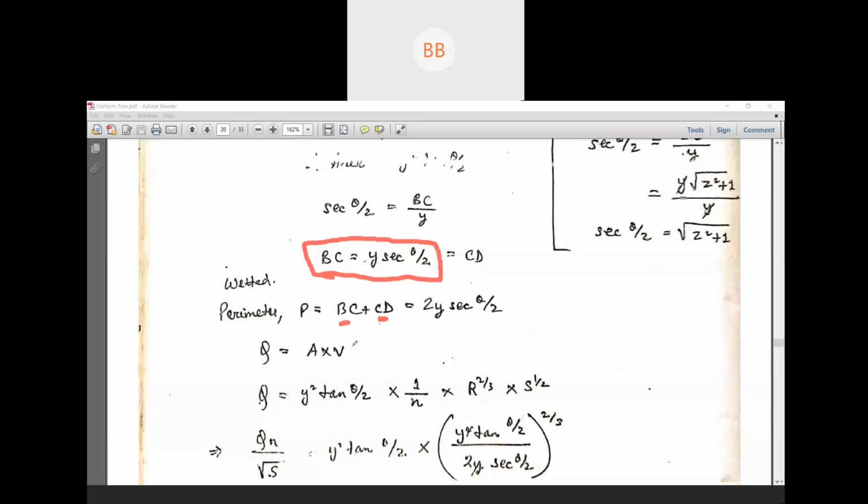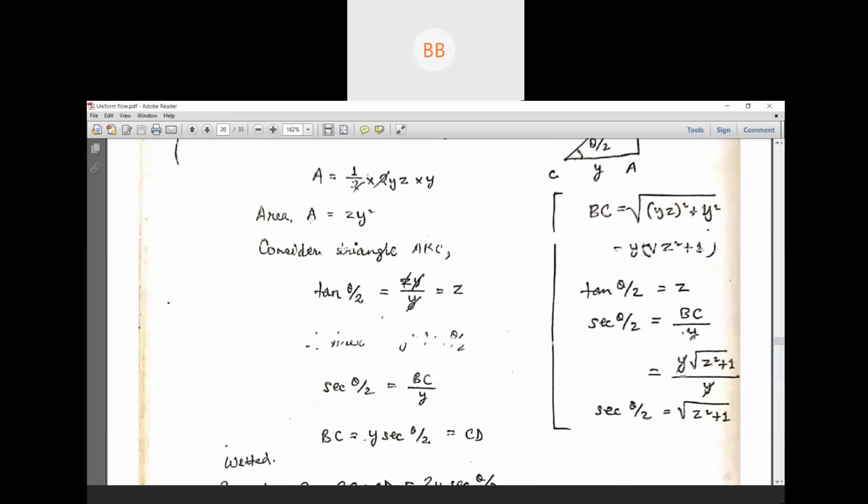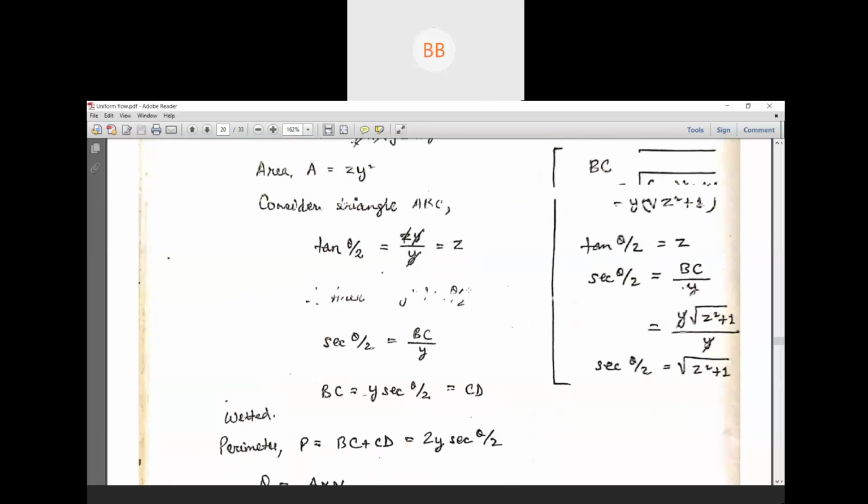So that is why we have multiplied by 2, twice y sec theta by 2. From here you can say BC is nothing but y sec theta by 2. So we have got an expression for wetted perimeter. We have got an expression for area, that is zy square.